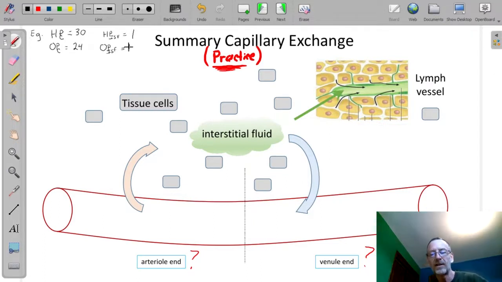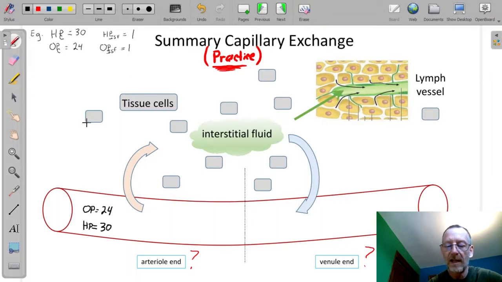And then let's calculate the net filtration pressure at the arterial end. So we can plug the numbers in here. So here we have hydrostatic pressure in the capillary as 30. And we have the osmotic pressure in the capillary as 24.